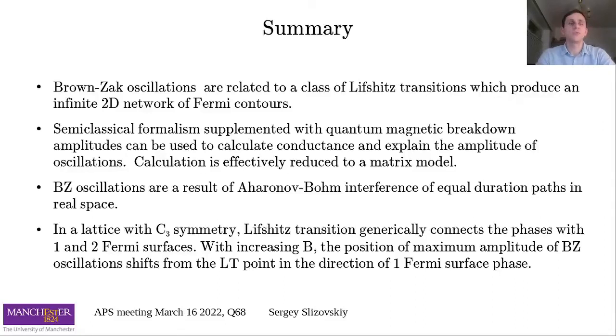In a lattice with C3 symmetry, a Lifshitz transition generically connects the phases with 1 and 2 Fermi surfaces. With increasing magnetic field, the position of the maximum of amplitude of Brown-Zak oscillations shifts from the Lifshitz transition point in the direction of the one Fermi surface phase. Thank you for listening.